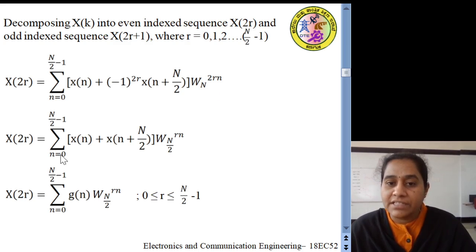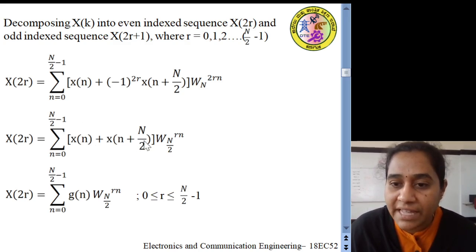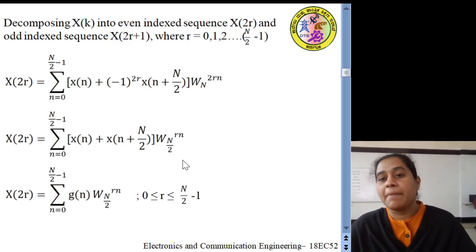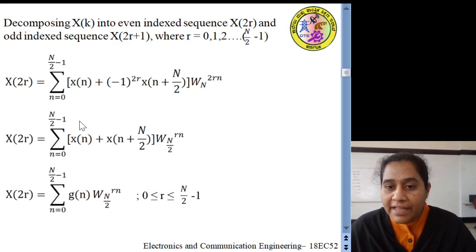If we simplify this, we obtain X of 2r as summation n varying from 0 to N by 2 minus 1, x of n plus x of n plus N by 2, whole thing multiplied by WN by 2 raised to the power of rn. And we can replace the term within this bracket with g of n.